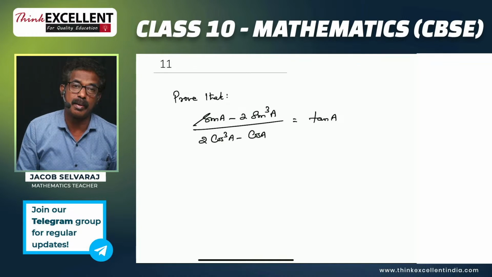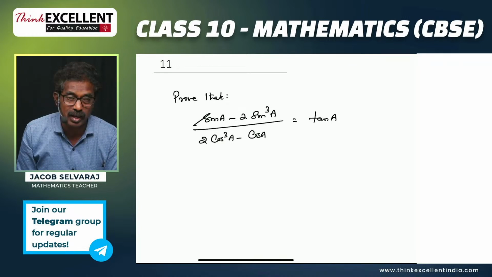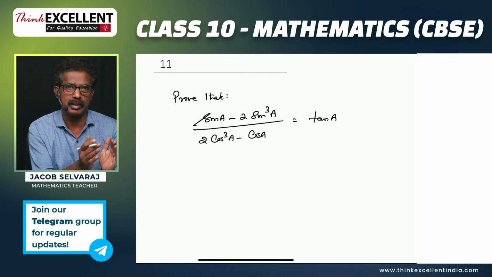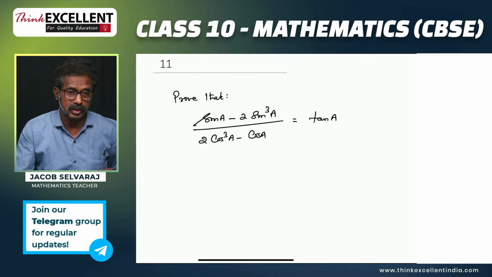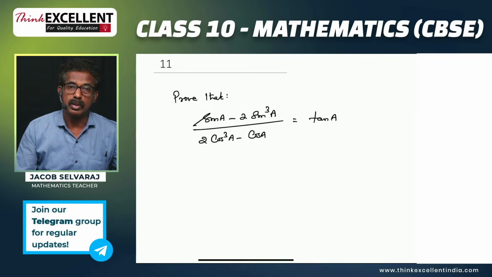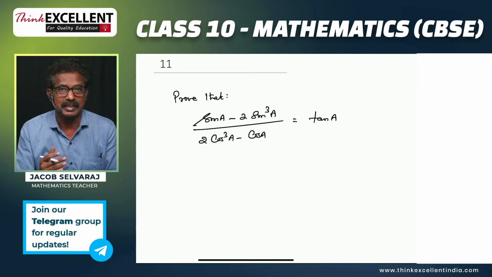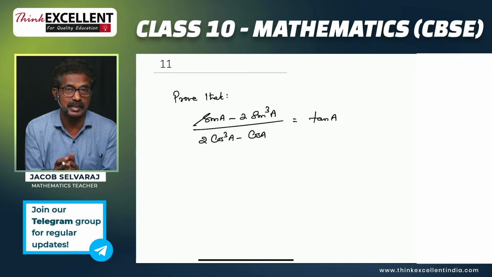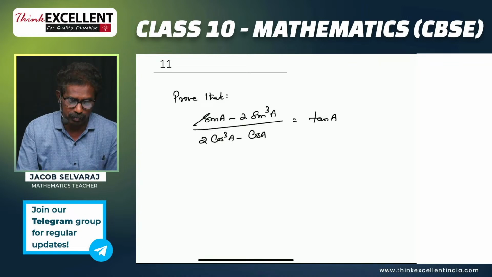Numerator sine A is common. Denominator what is common? Cos A. Sine by cos is what? Tan. Answer is tan. That means the remaining should get cancelled, right?